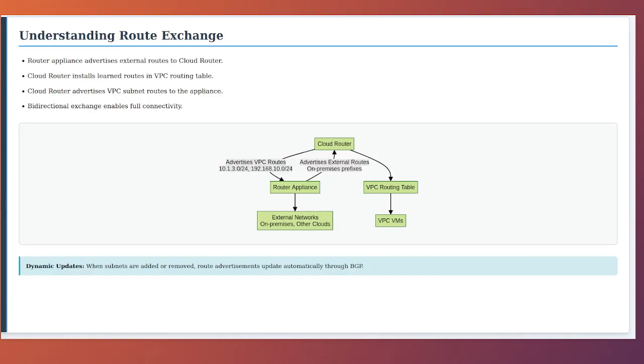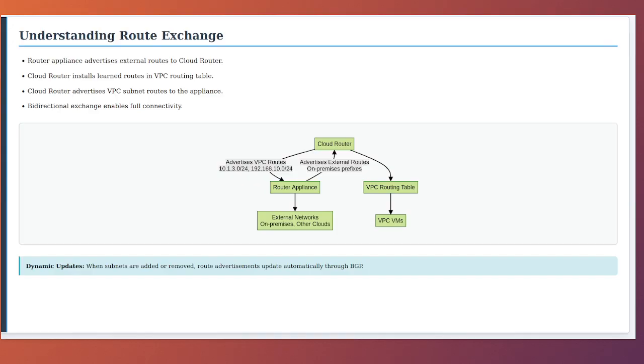The Router Appliance component represents your network virtual appliance virtual machine. It receives VPC routes and can redistribute them to other routing domains. The arrow labeled external routes flows from the Router Appliance to the Cloud Router. This represents the appliance advertising routes from external networks, such as on-premises prefixes or routes from other cloud environments.